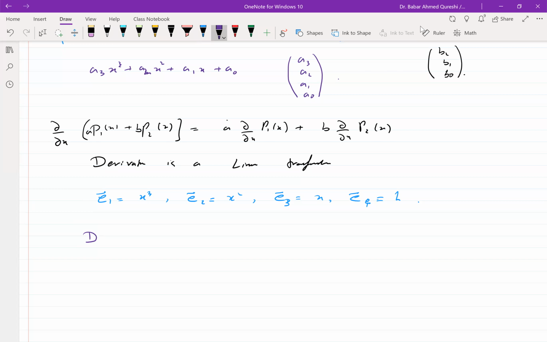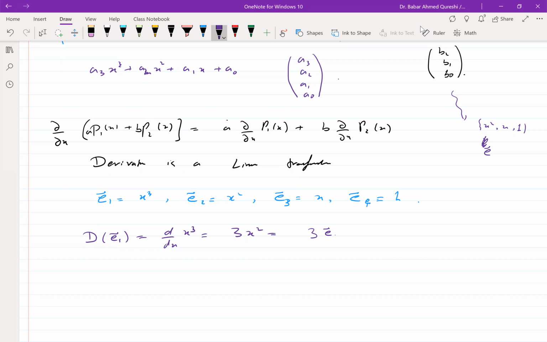Then what is the effect of D on E3? It's the derivative of x cubed, which is 3x squared. Similarly, this space has its own basis, and I can call them with the same names.